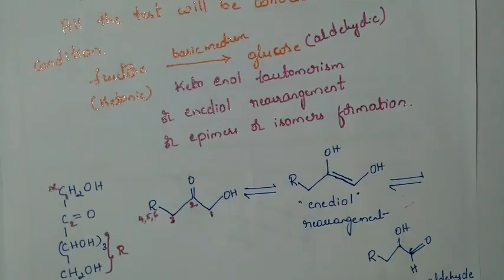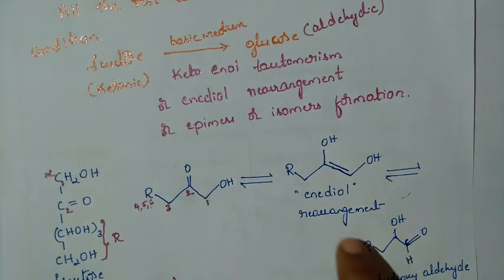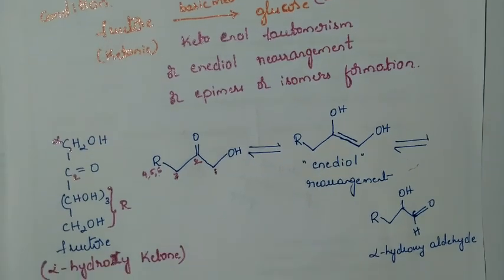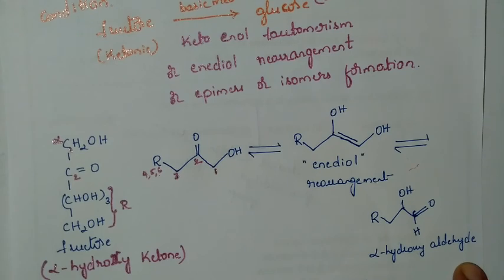How is that? We have seen, it is due to keto-enol tautomerism or enediol rearrangement. Our alpha hydroxy ketonic group, that is fructose, undergoes this rearrangement to form alpha hydroxy aldehyde, which is what glucose indicates.